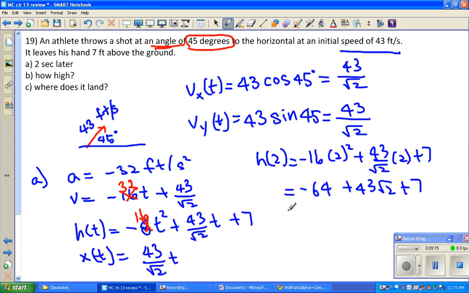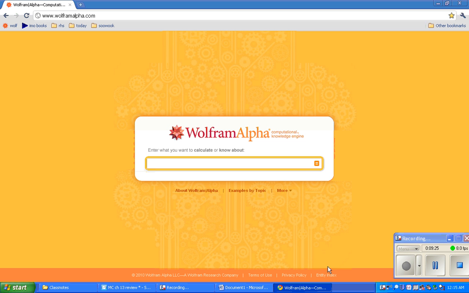So what is this approximately equal to? Sorry, I have to use the calculator. So what I'm going to do is this: by adding these two, we will end up getting 57. So in other words, I'm going to go to right here, 43 radical 2 minus 57.